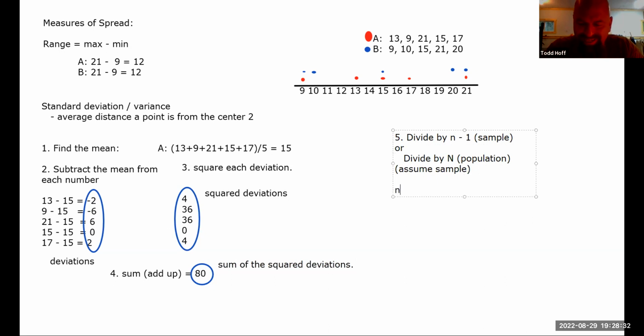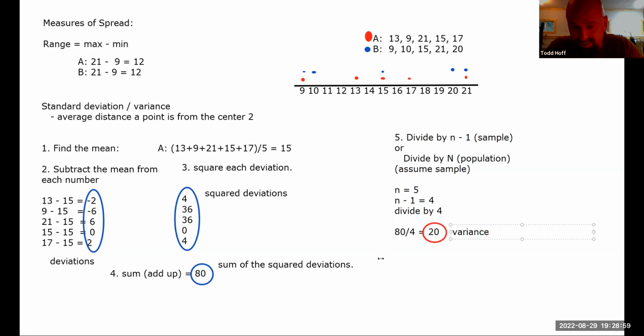So n equals 5, so n minus 1 equals 4. So we'll divide by 4. So we take that 80 divided by 4 to get 20. This number also has a special name. The result we have at the end of step 5 is the variance.